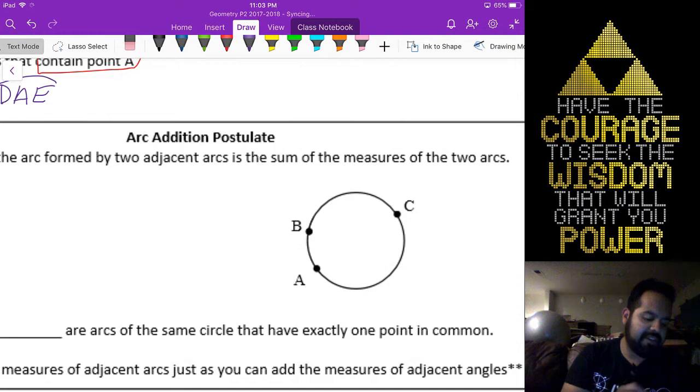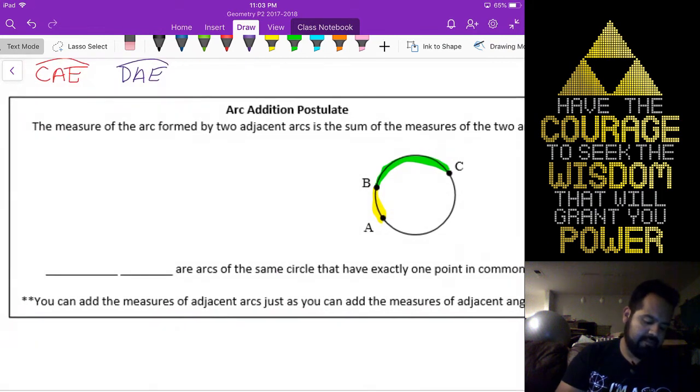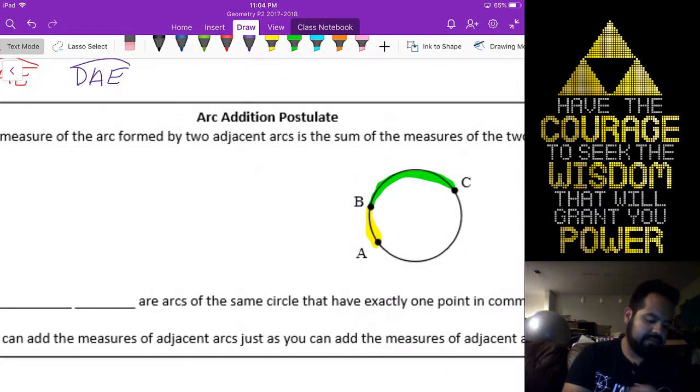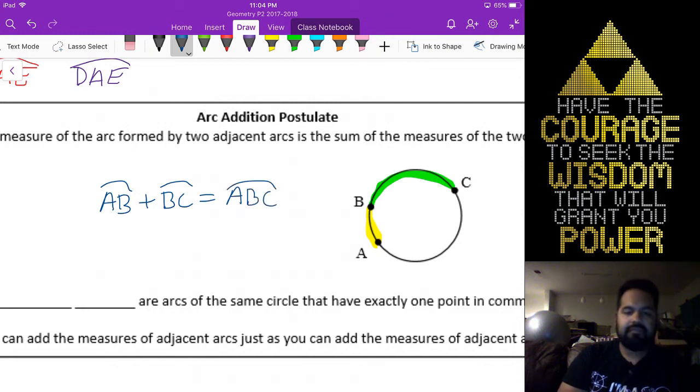Just if I have two that are next to each other, like AB and BC, then I could create a bigger arc by adding them together. So I could say AB plus BC equals arc ABC, because then I create the entire thing.